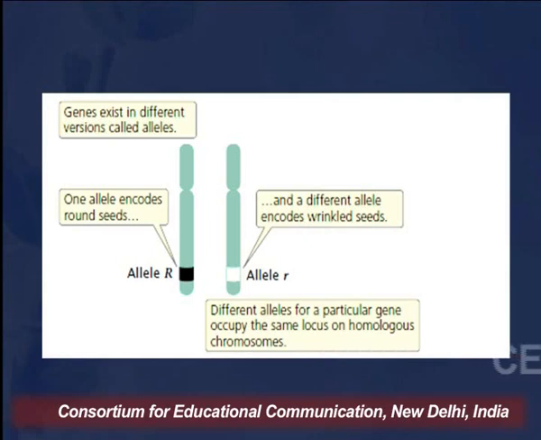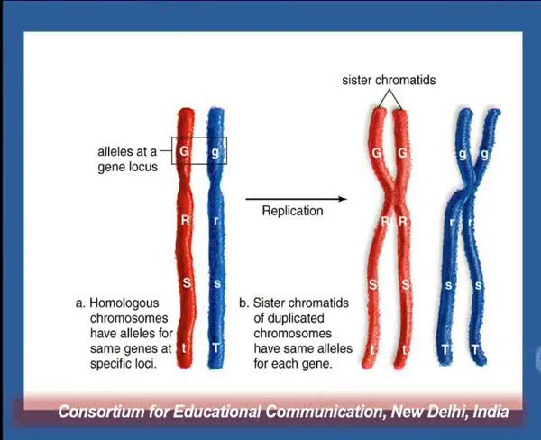So in other words, an allele can be considered a version of a particular gene. An alternative form of a gene is an allele. In this diagram, we've shown one allele written as capital R and the other as small r. We'll come to that.